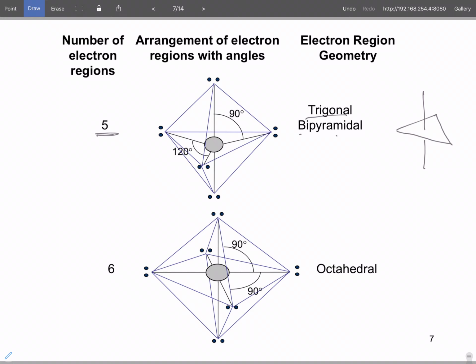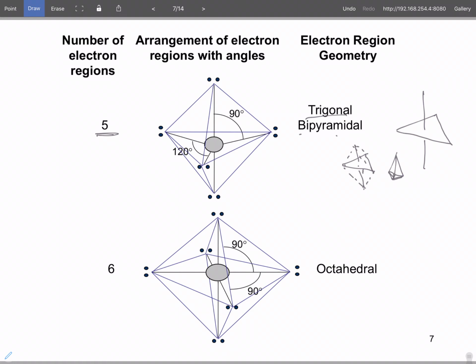So I'm going to leave that one alone, and then I'm going to show you if you draw lines down to each of these points from here and then back up, then what you're ending up with is a pyramid that's got a triangular base stacked on top of a second triangle, hence the trigonal bipyramidal.